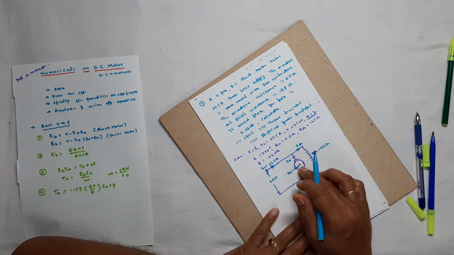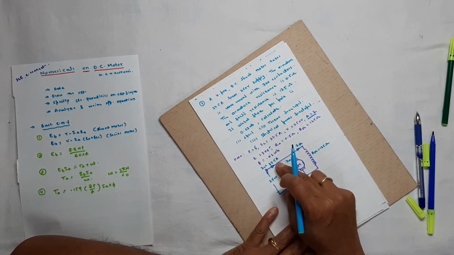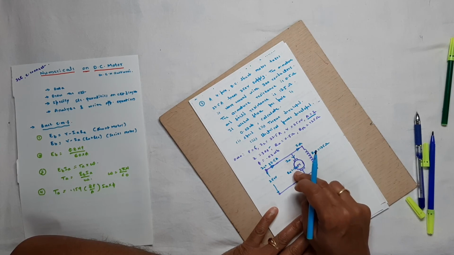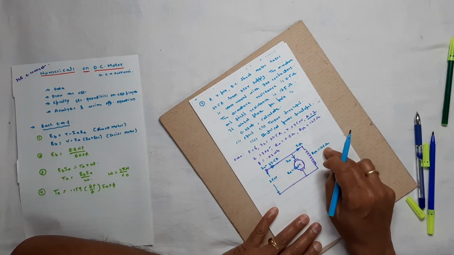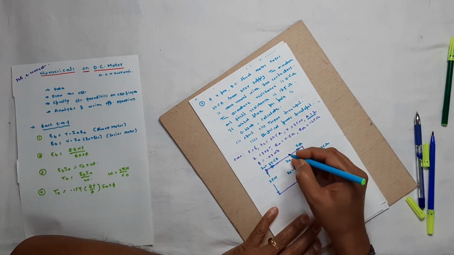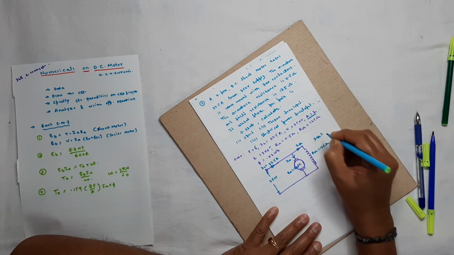You have to draw the circuit. The applied voltage is 250 volts. The current supplied is 22.5 amperes. This is the armature current, this is the armature resistance, and RSH is 125. Therefore, what I want is IA, so for that you have to find ISH first. What is ISH?